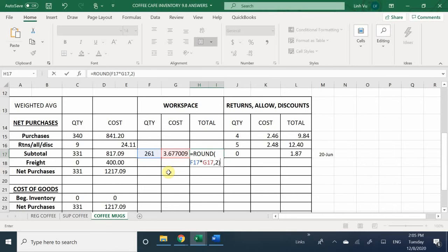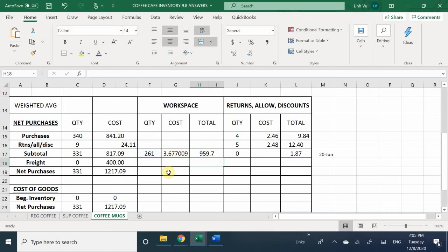Round 261. How much did it cost me to sell all 261 items? $959.70. Good.